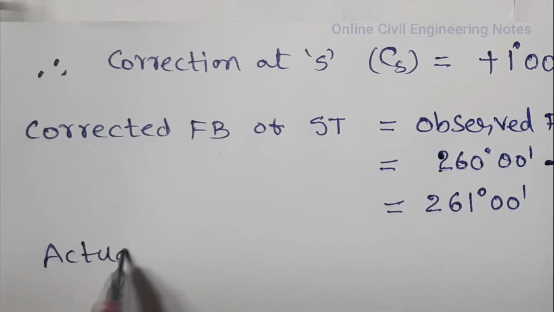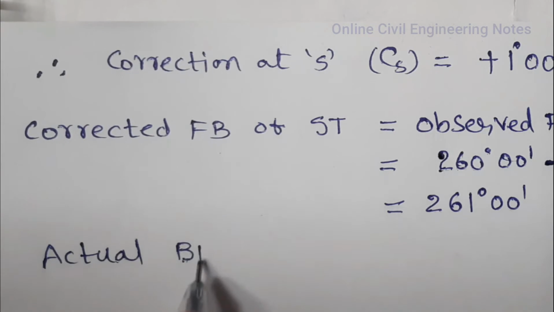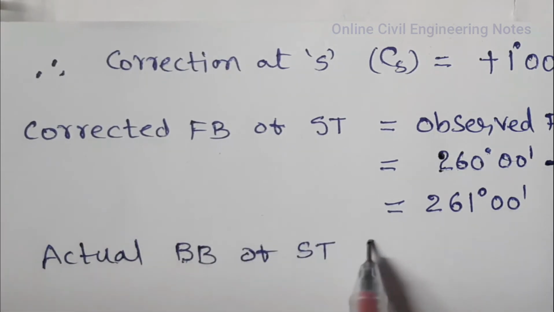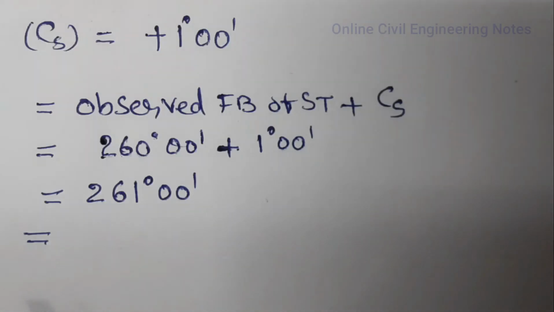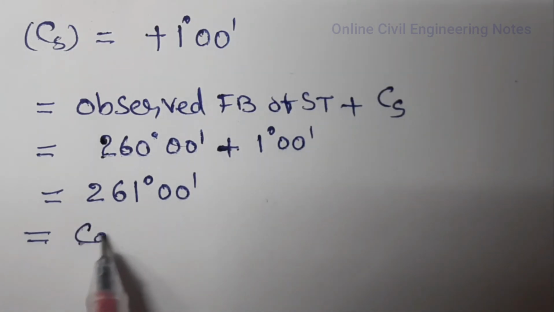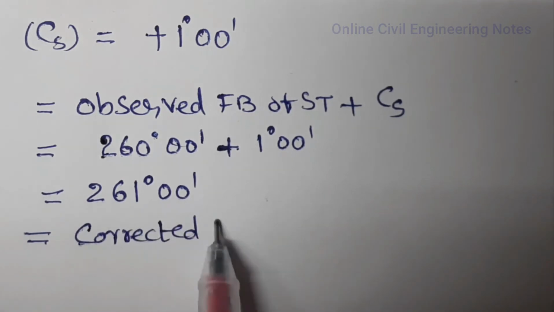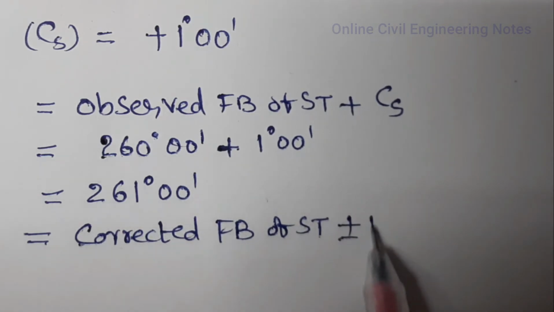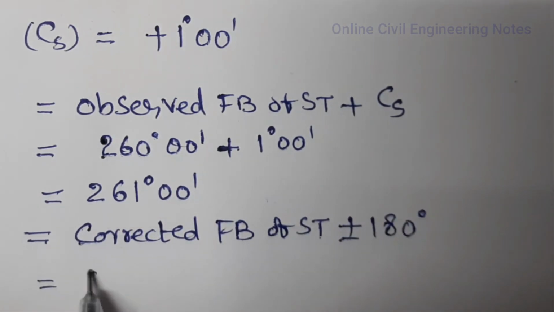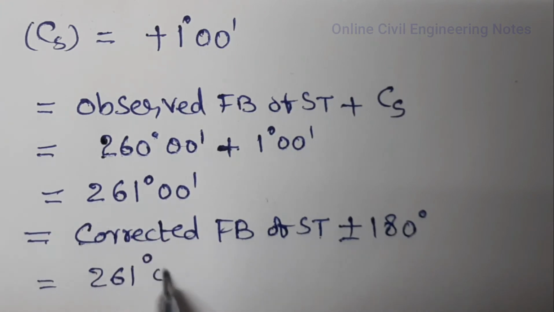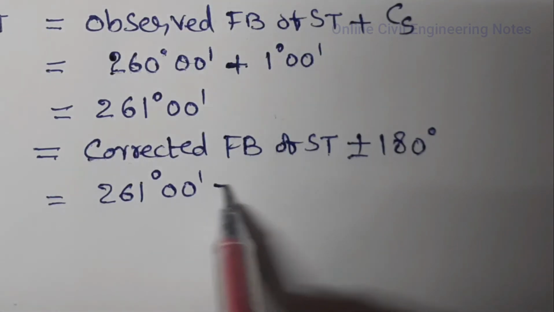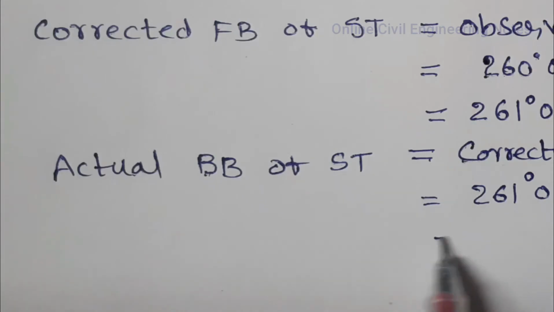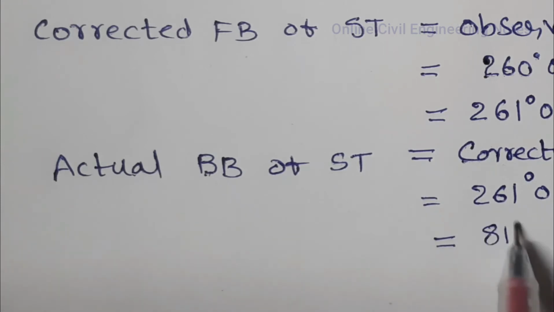Actual back bearing of ST line is equal to this corrected fore bearing of ST plus or minus 180 degrees. 261 degrees is greater than 180, therefore minus 180 degrees, which is equal to 81 degrees.